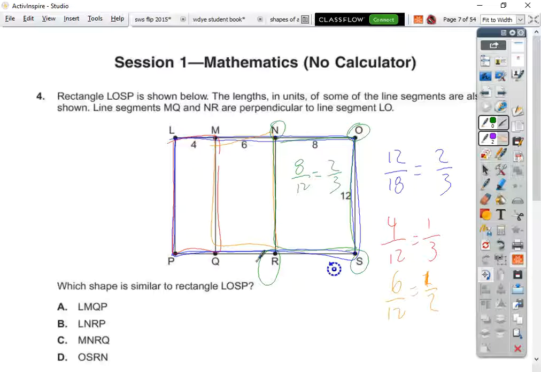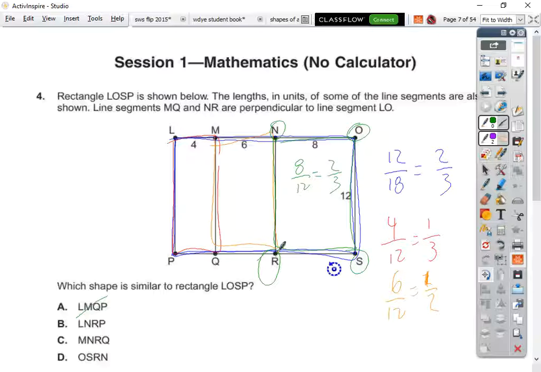But that's not an option. So it gives us LMQP. LMQP, well, we've disproven that one. LNRQ. So it's a LNRN. PR.